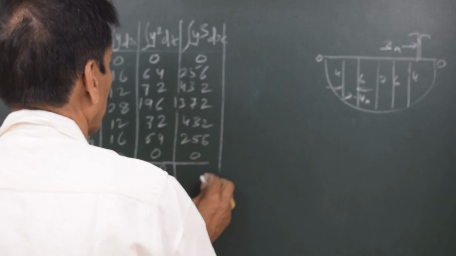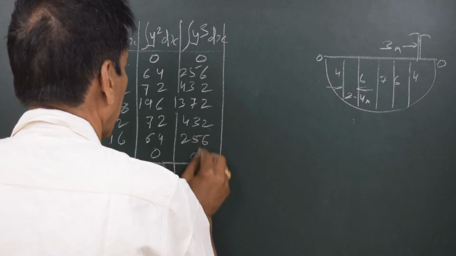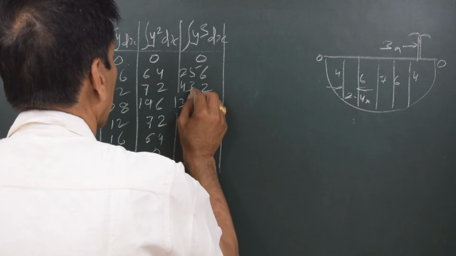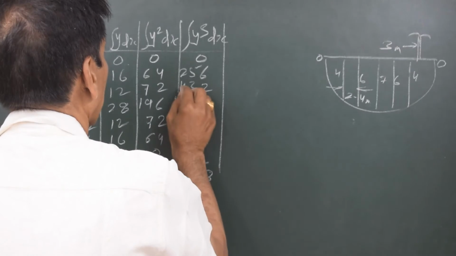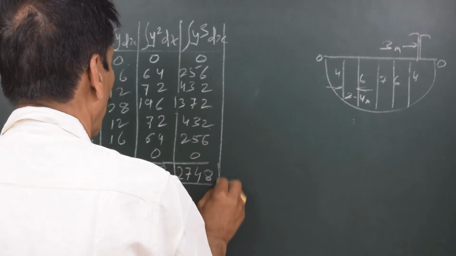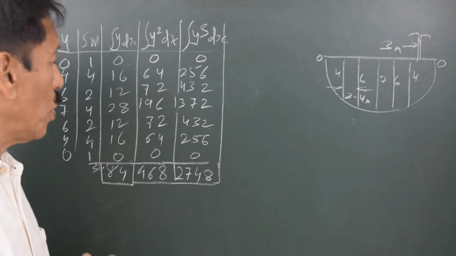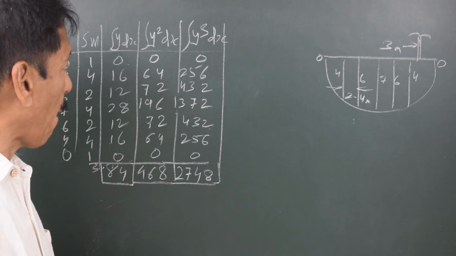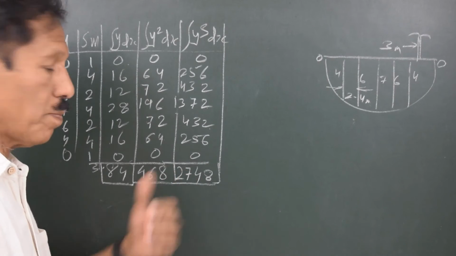And sum 3 is 2748. Now here we have sum 1, sum 2, and sum 3.